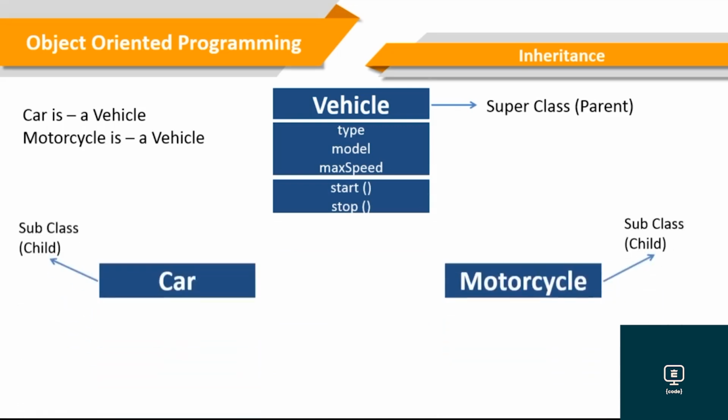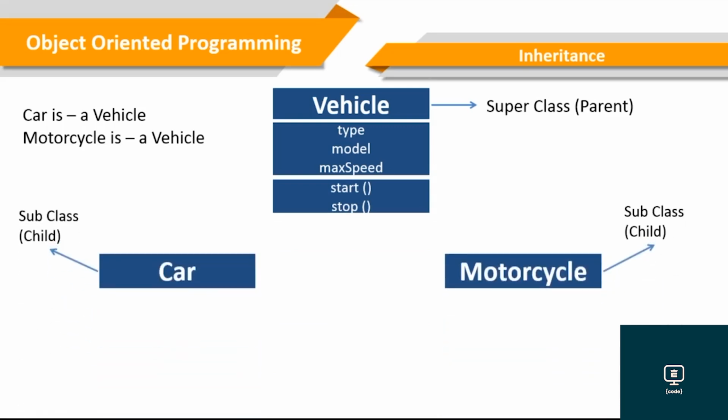Also, we have 2 classes that are named Car and Motorcycle. So the Car and Motorcycle classes are subclasses of Vehicle. So we can use the extends keyword in the subclass to inherit the features of the superclass.